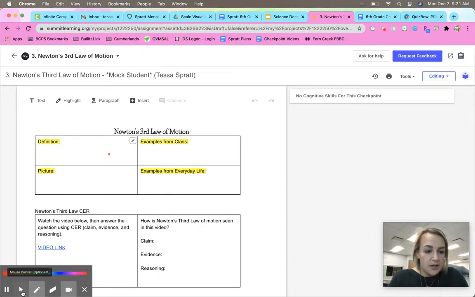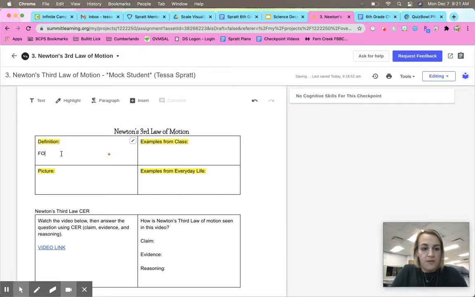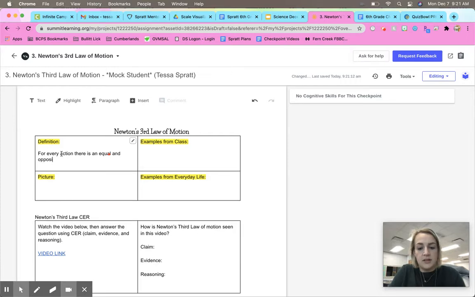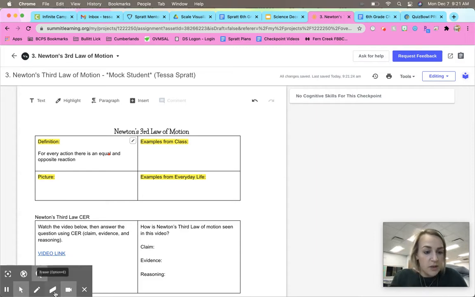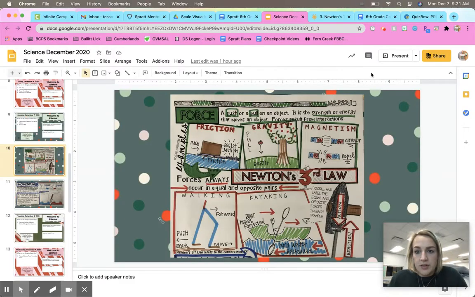Oops, we need the pen to go away. For every action, there is an equal and opposite reaction. So that can be your definition as well. Erase that.